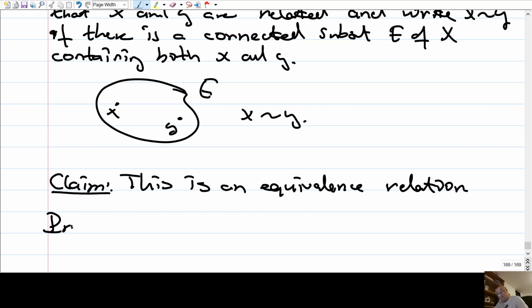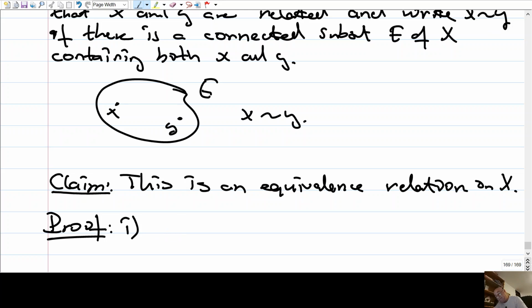Well, for this to be an equivalence relation, it has to satisfy 3 axioms. What are those? For any x, x should be related to x.